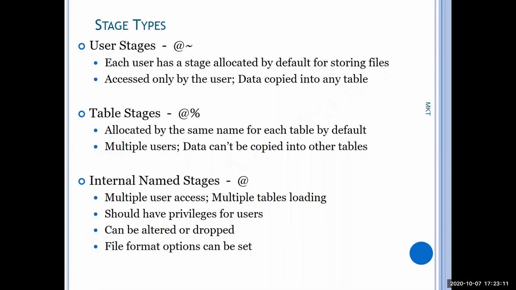If I load a file, remember, a file, not data, into the stage of payment, from that file I cannot load data into employee. So table stages can be used only for the same table, not for other tables. Similarly, user stages cannot be accessed by other users.